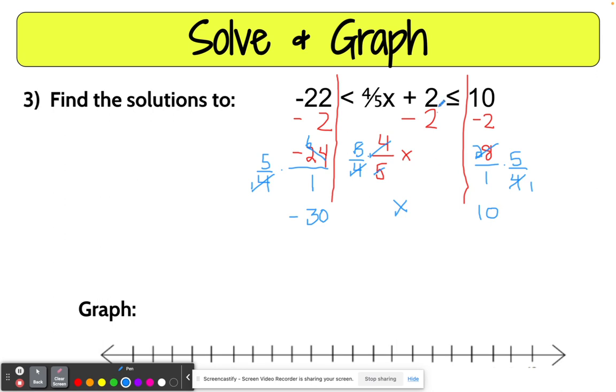Let's bring down my inequality signs. Less than or equal to, and less than. So when I graph this, at the 10, I'm going to have a closed circle. At the negative 30, let's put that about here, I'm going to have an open circle.